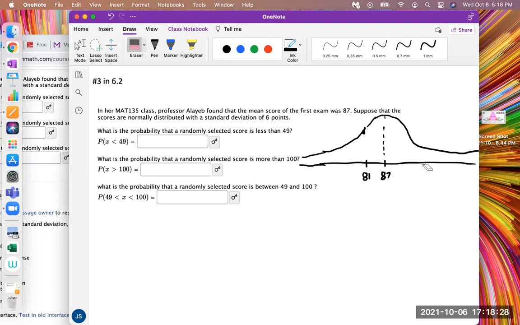Hopefully you recognize that this is a regular number line. When we move further to the right, we're getting to larger numbers, and as we move farther to the left, you get to smaller numbers. So 49 is less than 87, and it's a lot less. So I'm thinking it's maybe way over here.